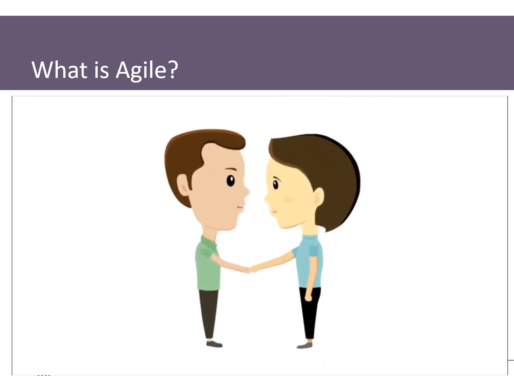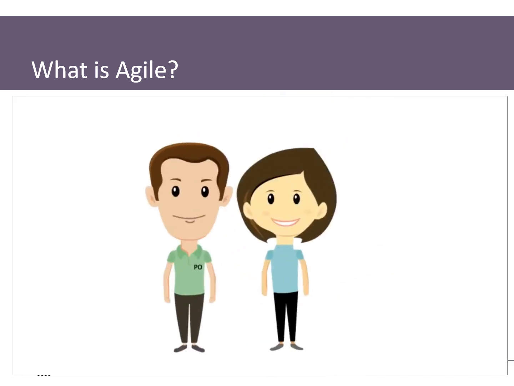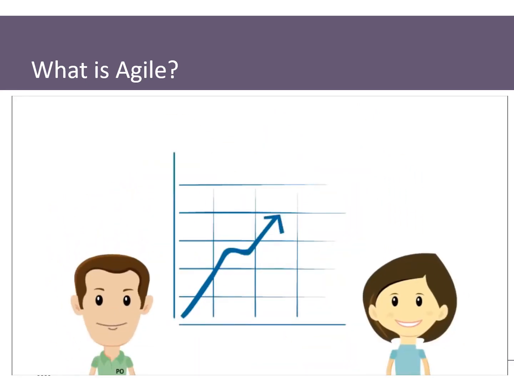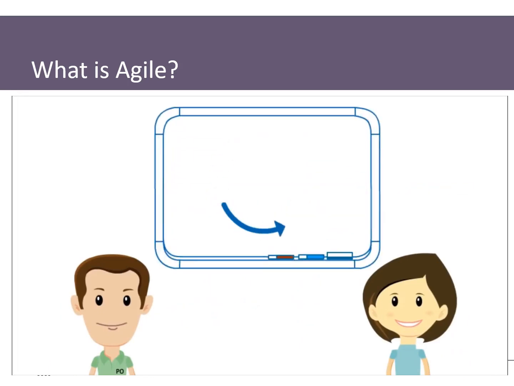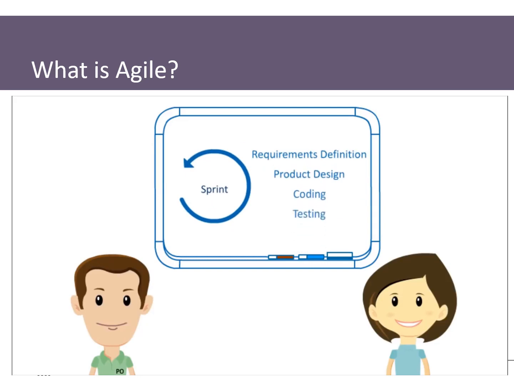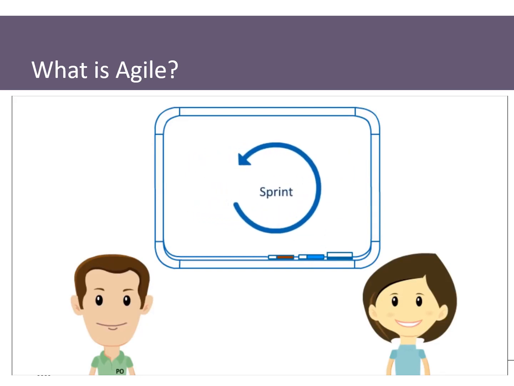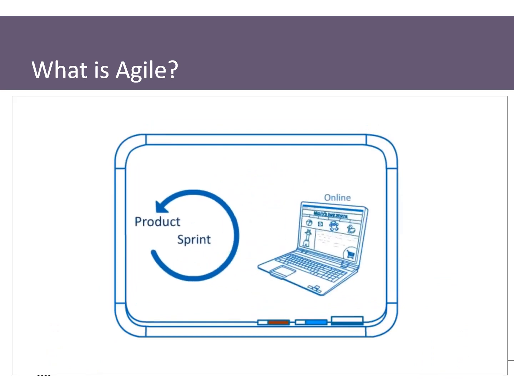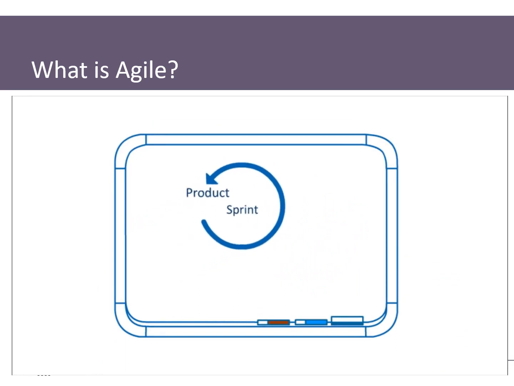To do this, Mary contracts with Rajesh, a product owner who will work with a team to build the website using Agile Scrum. Agile Scrum produces the highest business value in the shortest time by developing products in an iterative, incremental manner. Each iteration or short development cycle is called a sprint. Each sprint is typically a few weeks long and involves requirements definition, product design, coding, and testing. The end result of every sprint is a potentially shippable product. So after the first sprint, Mary will have a live website that includes the functionality that she needs most.